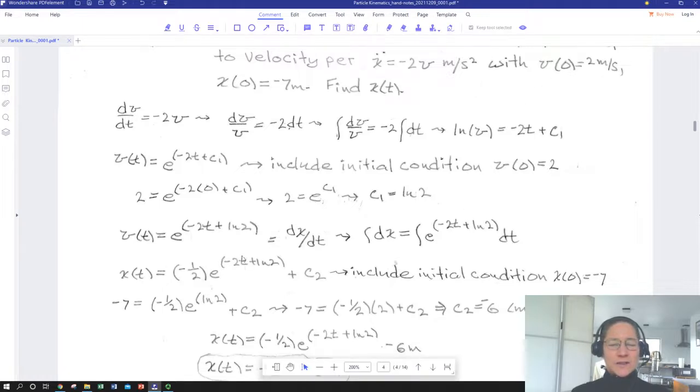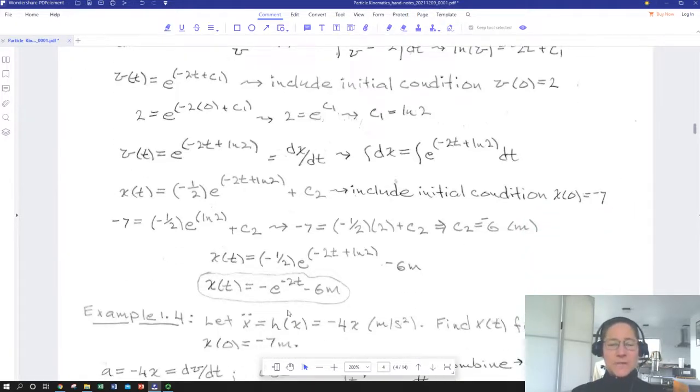So if I put a t of 0 in, I will get the exponent of natural log of 2, which is 2, times -1/2, which is -1. So to get x of 0 at -7, C2 has to be -6. So I can plug that in for C2 and get a full specific particular solution for position at any time.